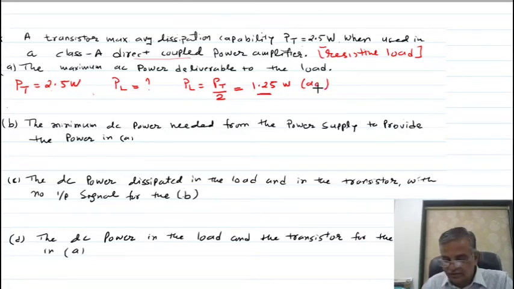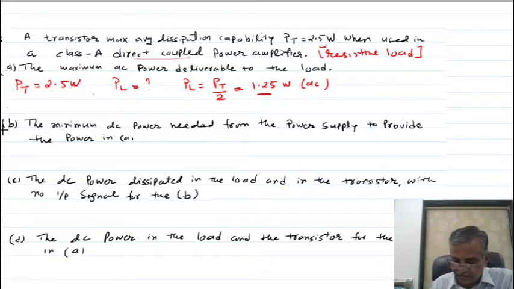We know this equation: the maximum AC power delivered to the load is always half of PT. PT is the maximum average dissipation capability of a given transistor, and this is given by the manufacturer. So I think you understand the answer of the first question.